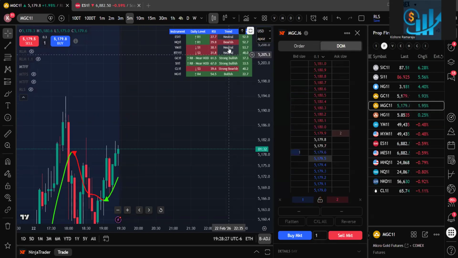You will make losses if you trade with them. So the best one is strong bullish or strong bearish. Second best is bullish or bearish. If you have bullish, then you focus on those. If you don't have strong bullish or strong bearish, then only you focus on the bullish and bearish.